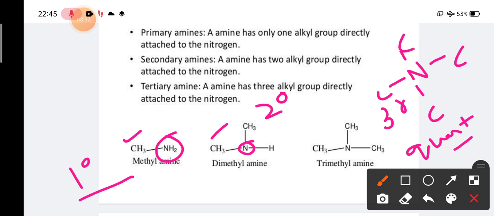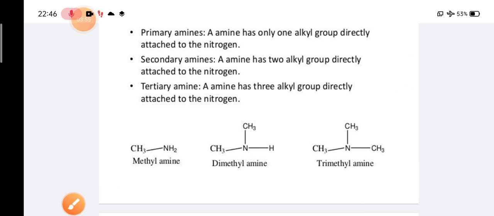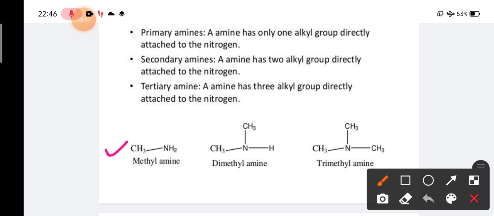So we can classify the amine mainly into three types, that is 1 degree, primary, 2 degree, secondary, and 3 degree, tertiary, and we can add one more type, quaternary, where the nitrogen of amine is bonded with four carbons. So here you can see the methylamine is 1 degree, dimethylamine is 2 degree, and trimethylamine is 3 degree.